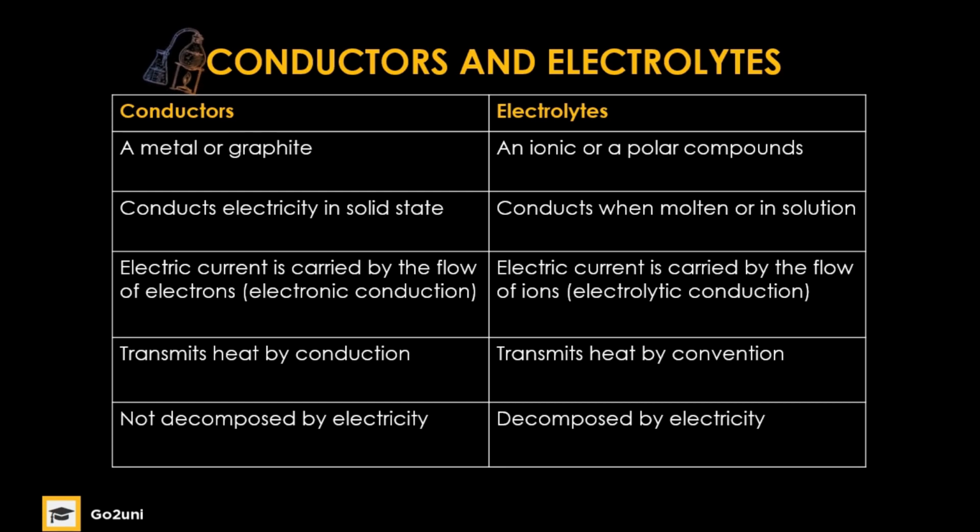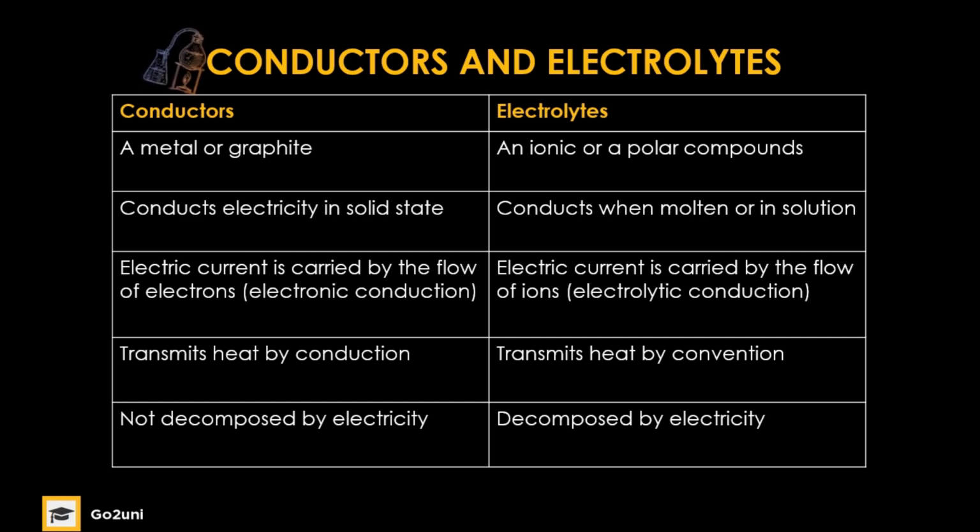When we talk about metallic conductors, we can say that this type of conductor is simply solid metal, though graphite also conducts electricity because of the presence of one electron out of its 4 electrons, which it's supposed to use for bonding. It uses only 3 for bonding, and it has just 1 electron left.